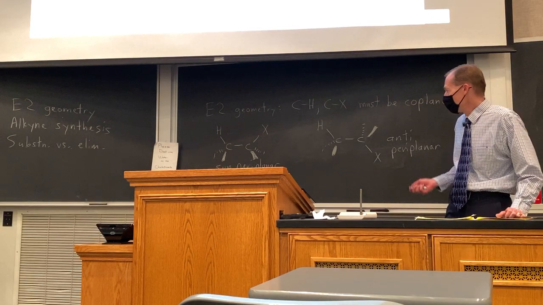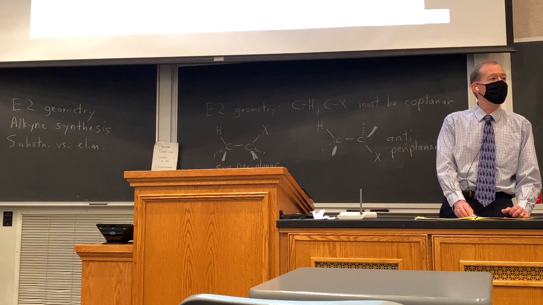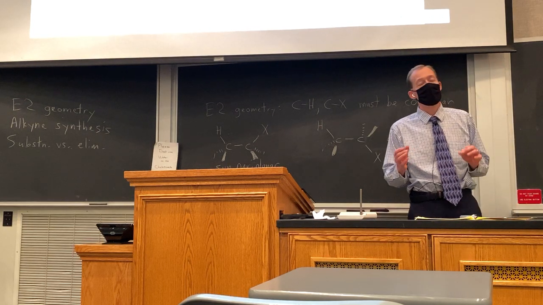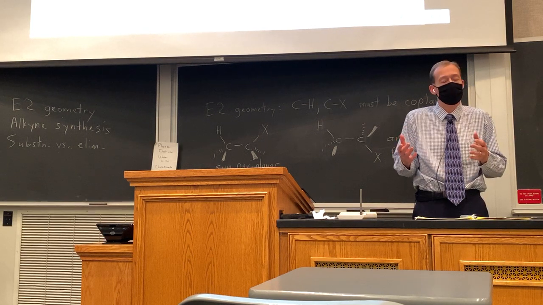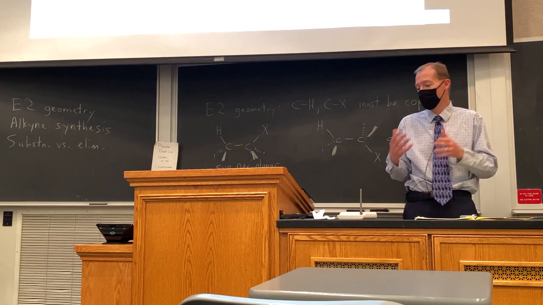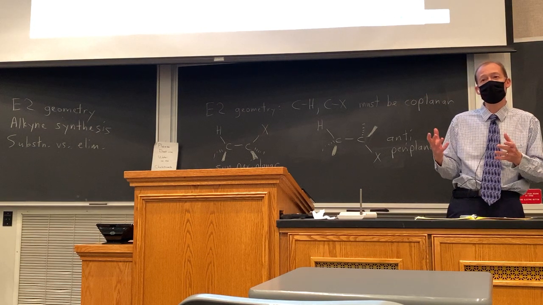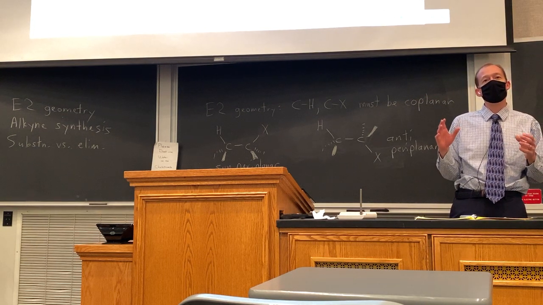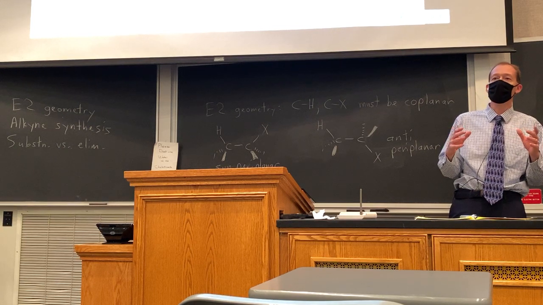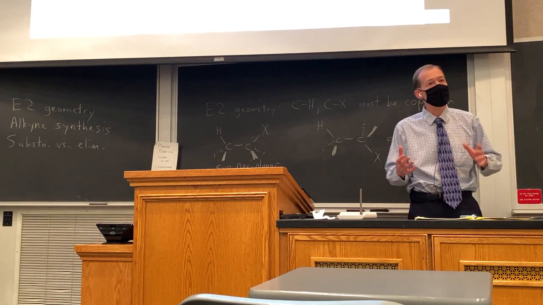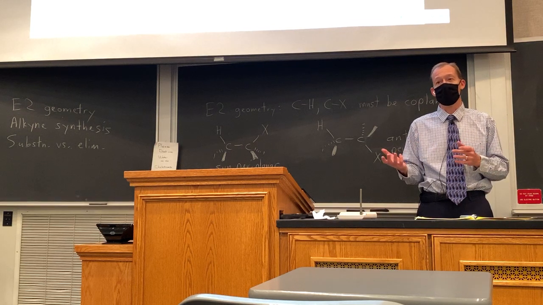So for the E2 reaction to take place, since we are forming and breaking all of the bonds at the same time, we have to have a specific geometry in order for the orbitals to overlap properly for this reaction to occur.